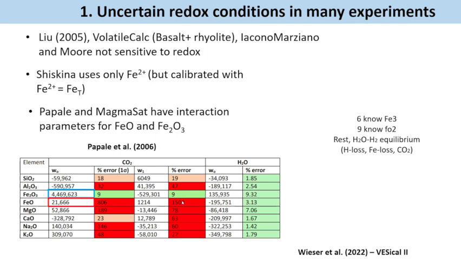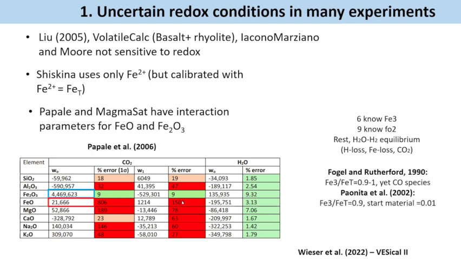And this leads to some very interesting values in the calibration data set. For example, for Vogel and Rutherford, they allocated an Fe3+ ratio of 90% for this experiment. And yet Vogel and Rutherford say that they have CO species, which means it was quite reduced. There are some other examples of experiments being allocated high Fe3+ ratios, and yet the authors indicate that they were pretty reducing.